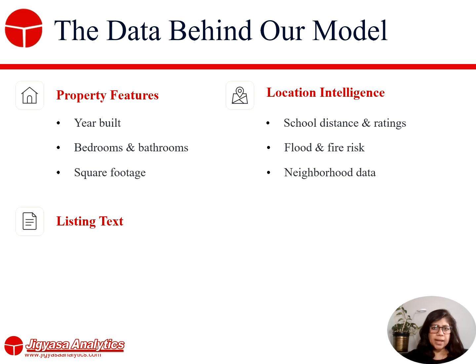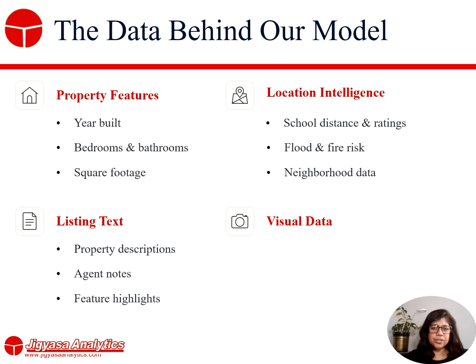We also had textual data on the property descriptions. These descriptions often included additional notes from the real estate agent, which highlighted some of the important features of the property or location that a particular buyer might find interesting. In addition, we had image data, such as of the front view of the house, and also images of the yard or the porch, kitchen, bathroom, living room, etc.